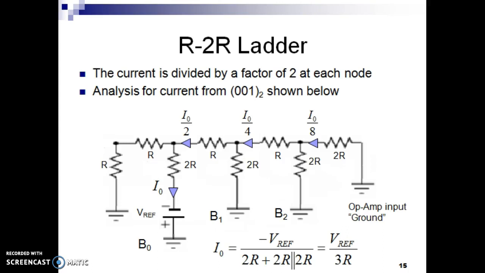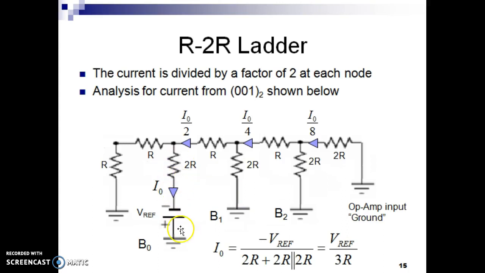Now let us analyze the circuit. Suppose I have given the pattern 0 0 1. That means here it is 0, here it is 0, and here I have connected the reference voltage, so this becomes 1.